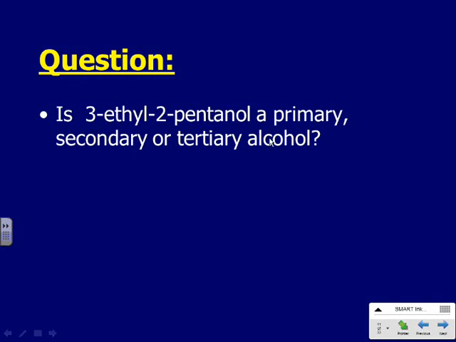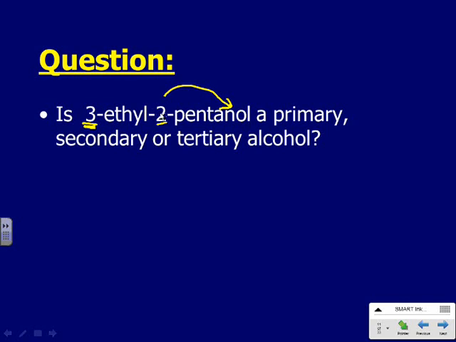So, is 3-ethyl-2-pentanol a primary, secondary, or tertiary alcohol? Well, if we think it through, the 2 gives us the location of the ol. So that 2 tells me that the OH is in a number 2 position. My branch is in a number 3 position.